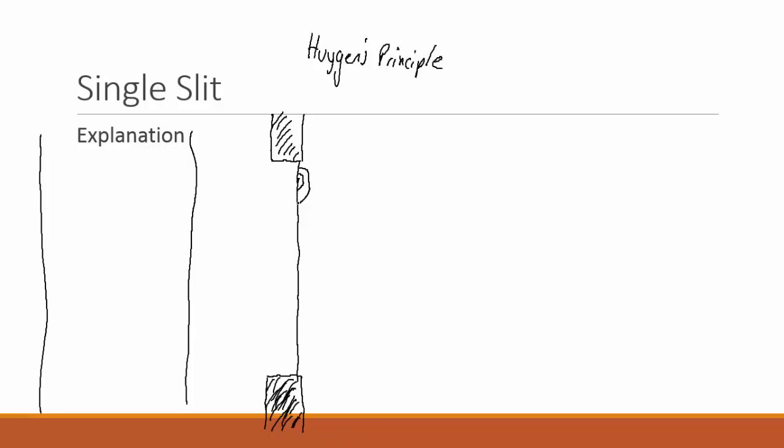But every single spot here is going to act like it's the source of a spherical wave, which is, in other words, to say every single spot along here acts like a slit. Here's maybe another way of visualizing this. If I took this as a solid piece of material and I cut a teeny little bitty hole in here, I'd have 1 slit.